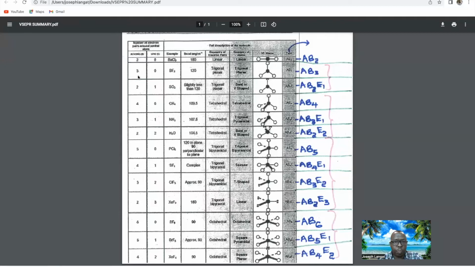Okay, so let's see. These are the domains: 2 domains, 3 domains, 4 domains. 3 plus 1 is 4. So here, what you see are 2 domains, 3 domains, 4 domains, 5 domains, and then 6 domains for octahedral.